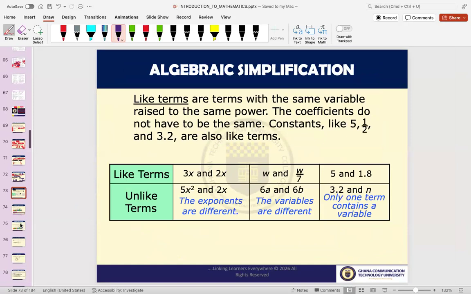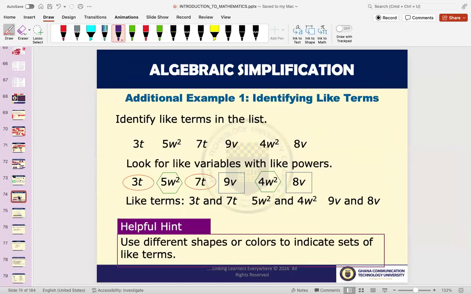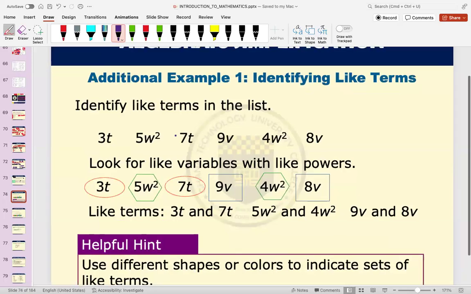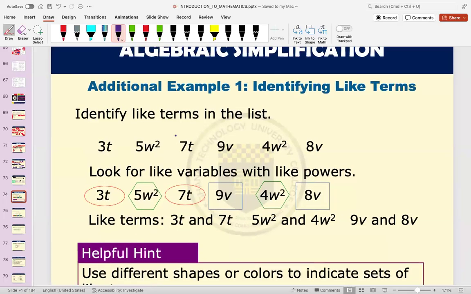Now, we want to look at some simplifications in algebra. Sometimes you can be given multi-dimensional lines of algebra. So what I mean by that is they will give you various combinations. For instance, I'm seeing 3t here. I'm seeing 7t here.